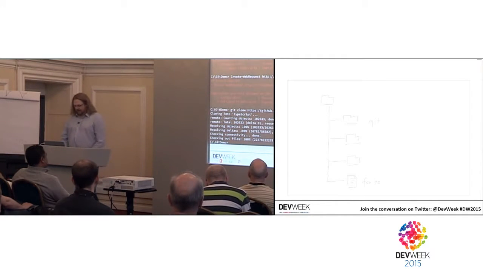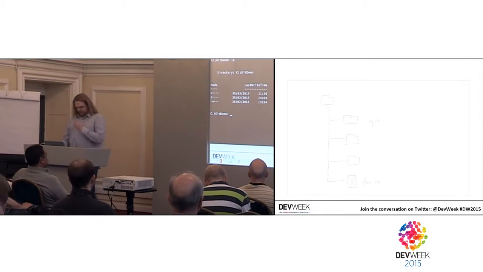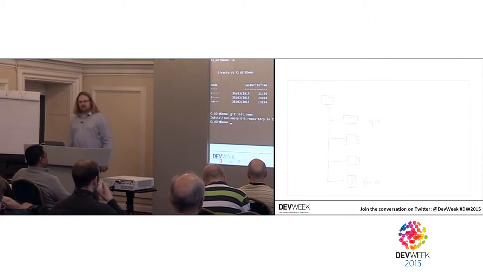So for example, here I have a PowerShell session, and I have a few things in there. So let's git init demo. Done. My machine now has a fully initialized Git repository sitting on the machine.